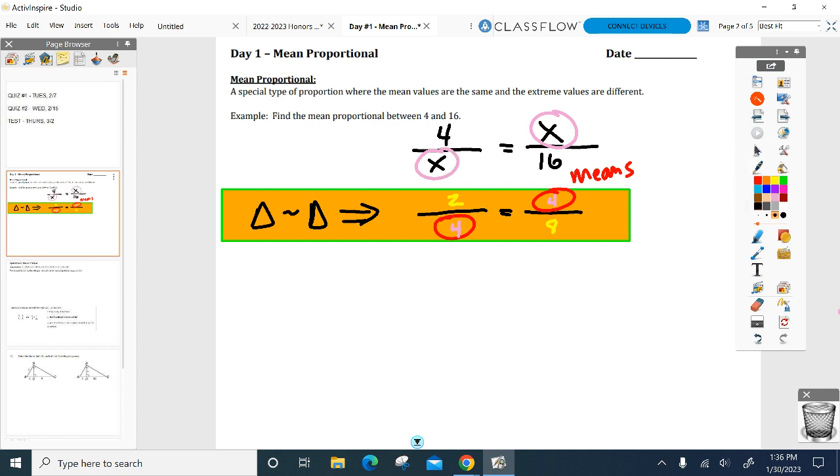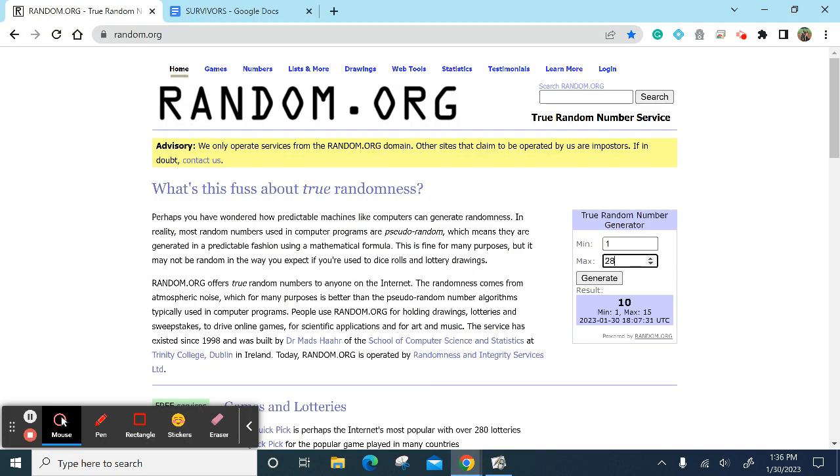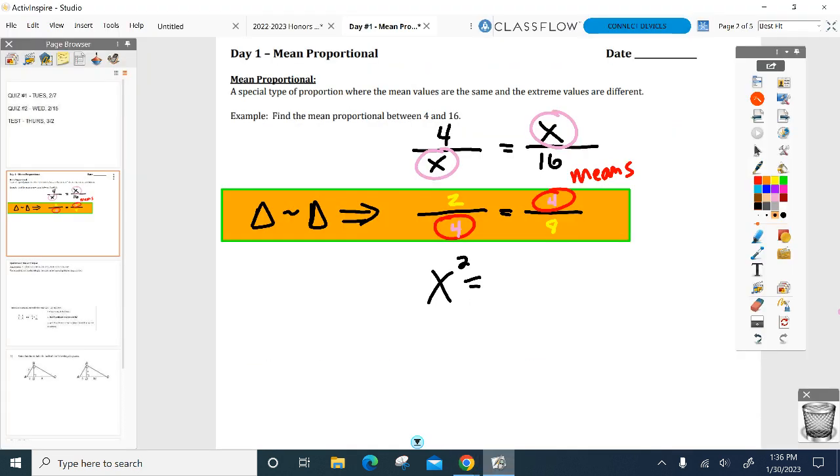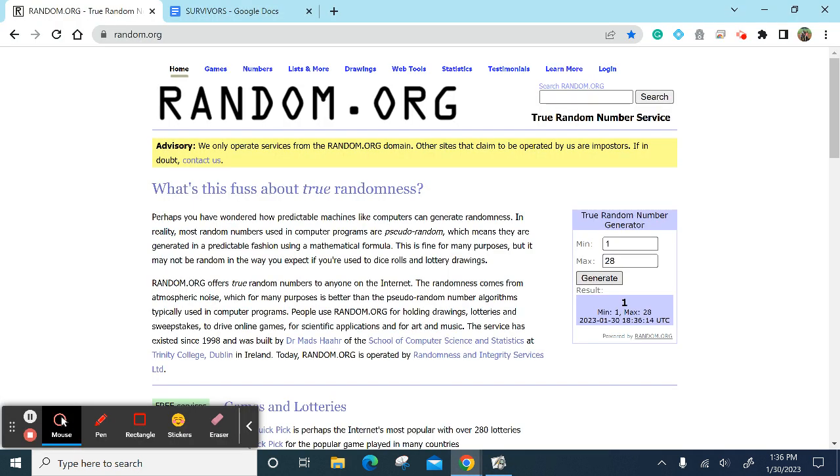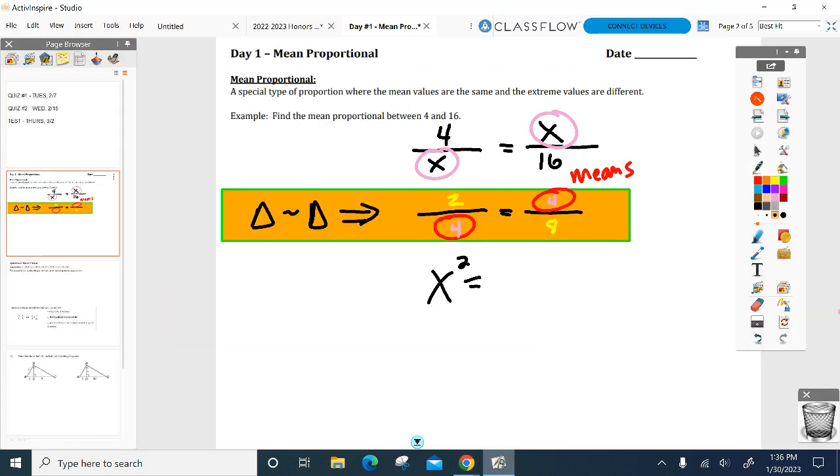All right, cross multiply. We get x squared equal to, 4 times 16. 64, thank you.